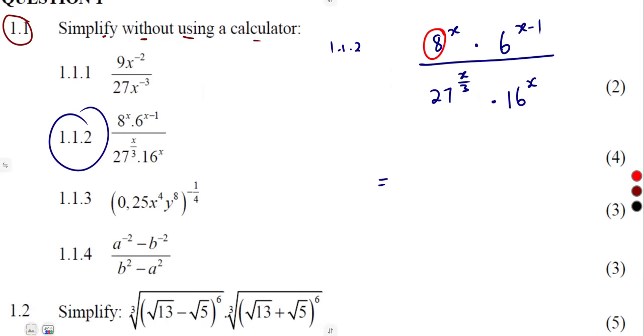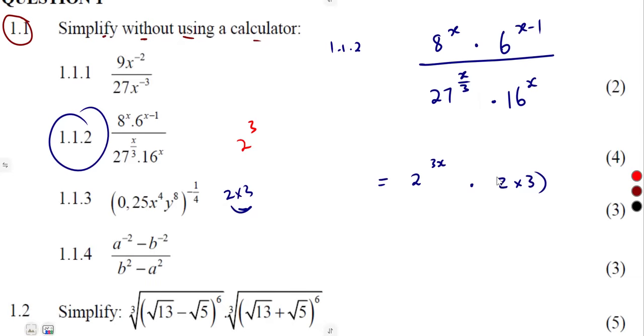So 8 can be written as 2 to the exponent of what? Of 3. So that is going to be 2 to the exponent of 3x, since there's already an exponent x there. 6 is a product of 2 and what? 3. These are the prime factors that we multiply to obtain 6.